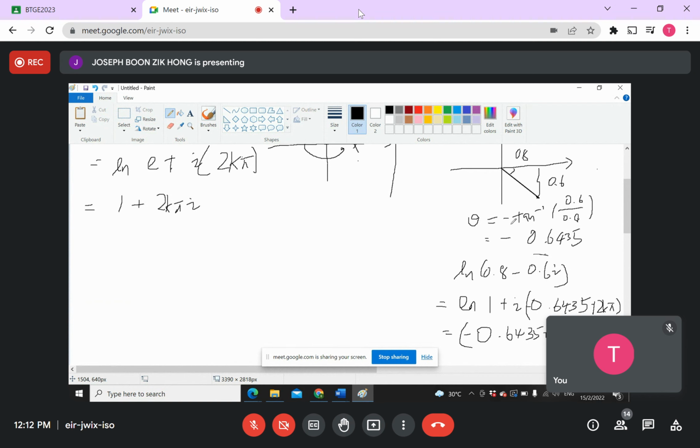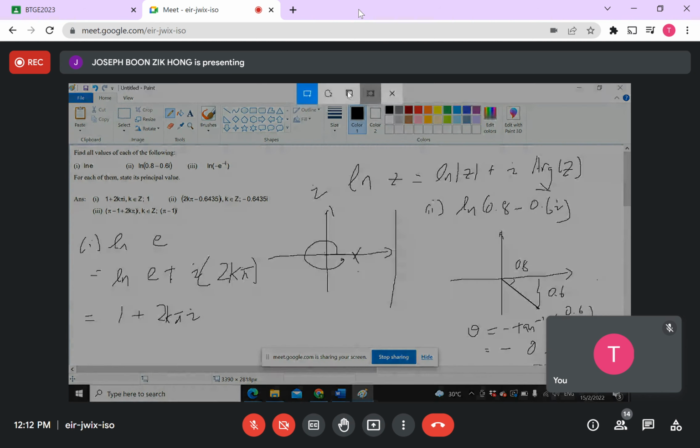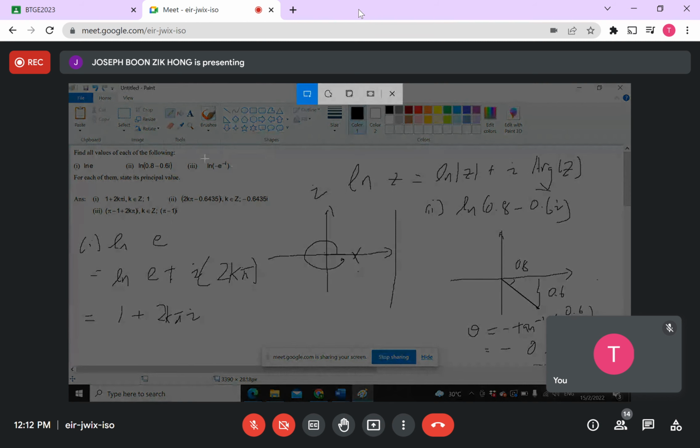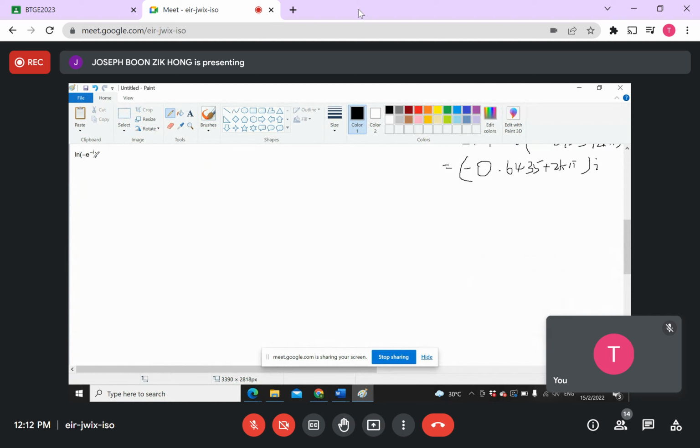Okay, so third one. Okay, so ln negative e^i. So when you try to draw, okay, because now what you have is z equal to negative e^i. What does this mean?